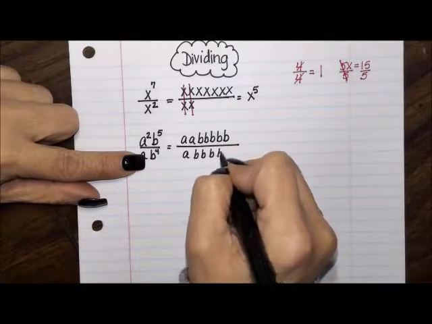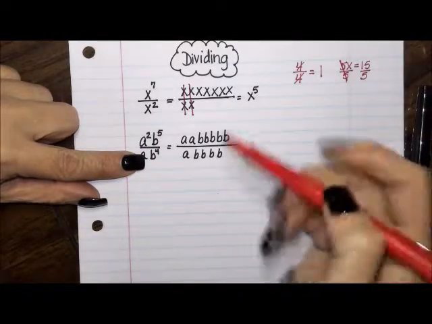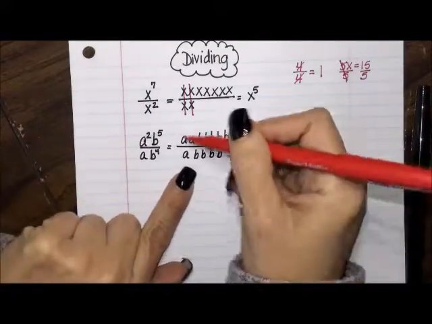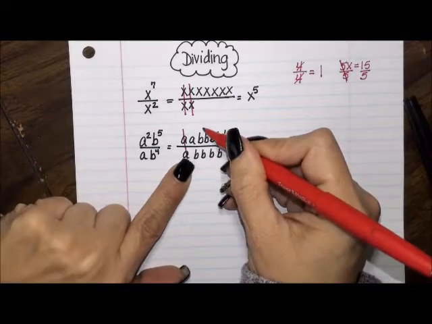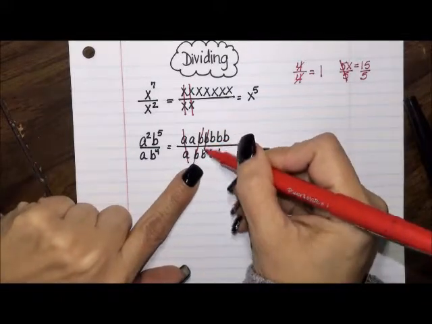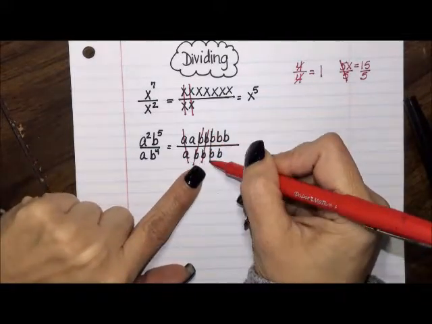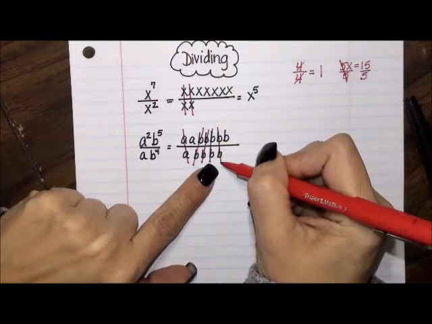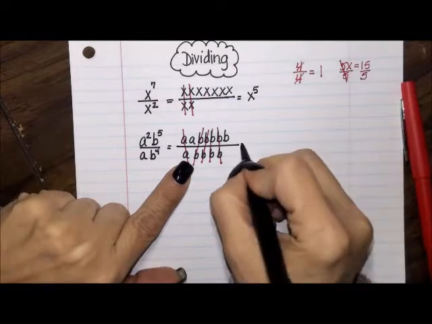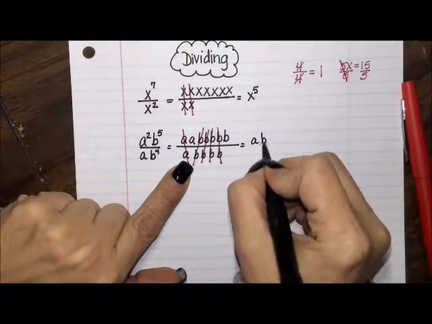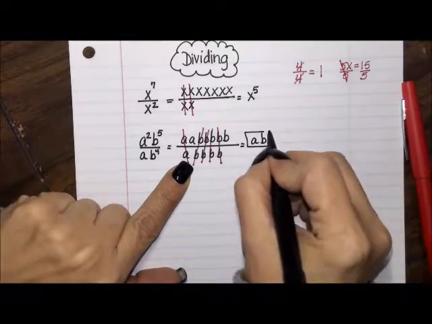Anytime I have a over a, I can cancel it out. B over b, b over b, b over b, and b over b. So I'm left with an a and a b on top. So that would be a b, and there would be my answer.